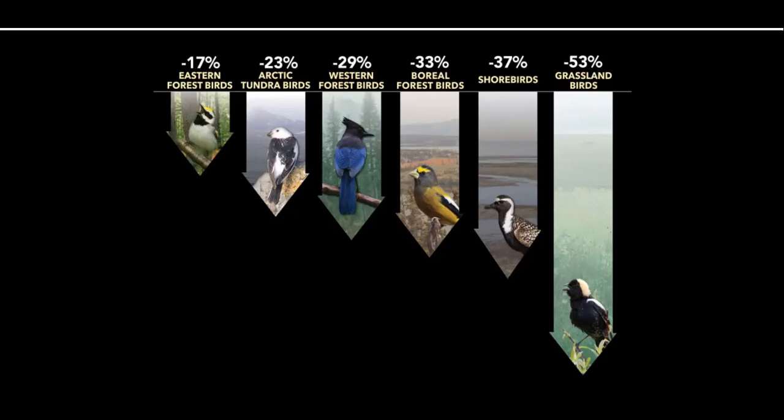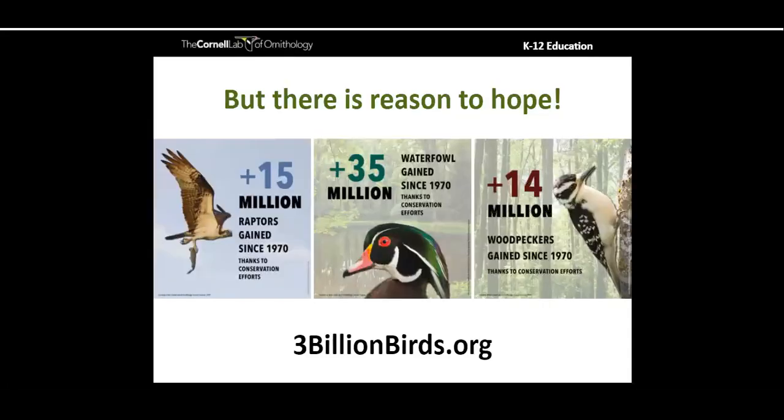So we're seeing these declines in groups of birds overall, but when we zoom in and look at certain groups, we're actually seeing increases in that time period. We've seen an increase in raptors, an increase in waterfowl, and an increase in woodpeckers.